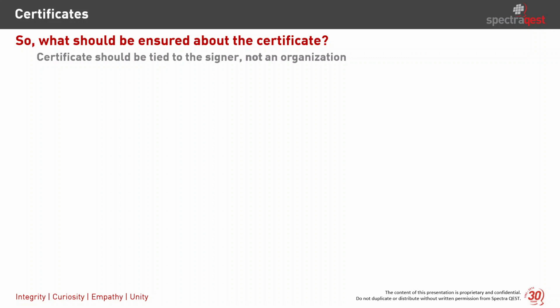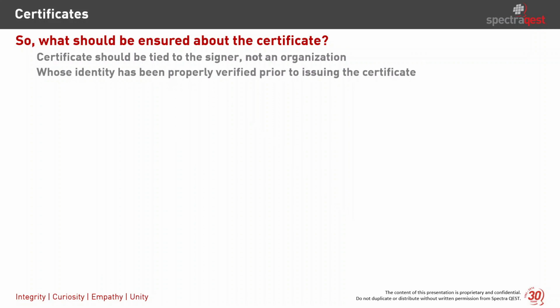Yes, certificates can be issued to a department or a company or an organization, and therefore things can be signed on behalf of that organization, department, etc. But the Boards of Engineers requirements state that realistically the signature should be unique and under the sole control of an individual that's performing the signing. So the certificate should be tied to the individual.